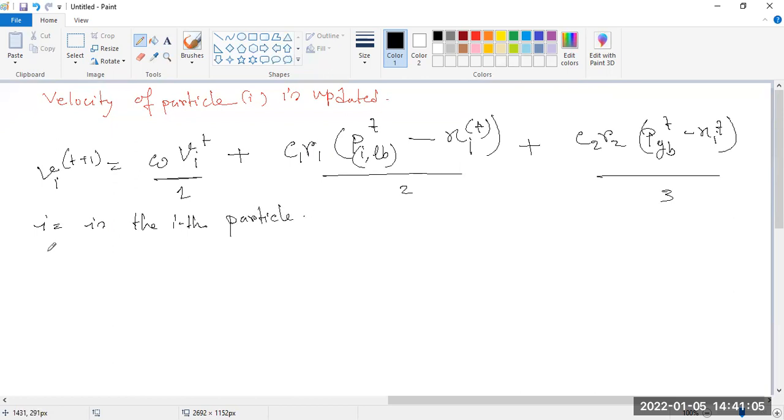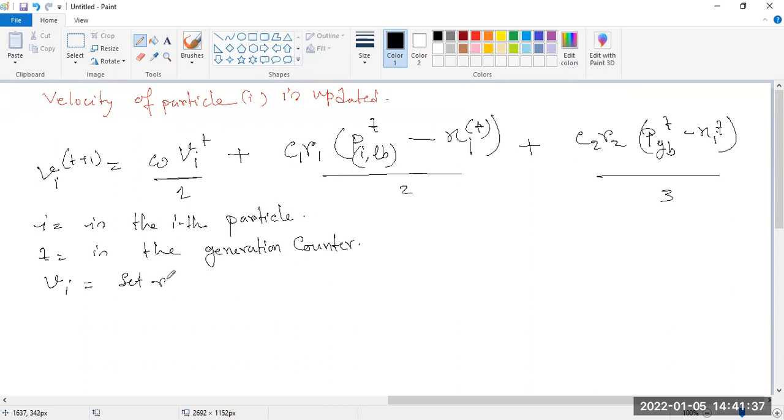And t is the generation counter. And vi is the velocity of the ith particle.